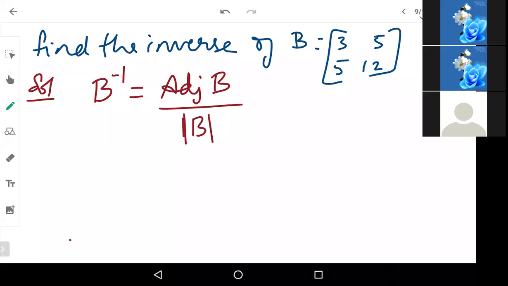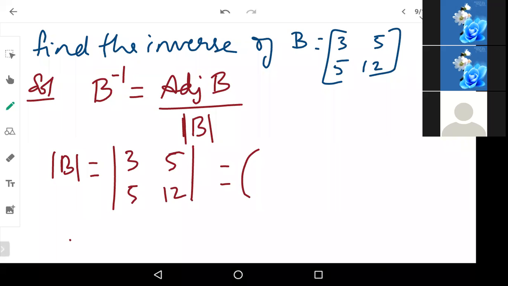Oh, very good. People are fast. So find the value of determinant of B. That is 3, 5, 5, 12. So that's nothing but 12 into 3 is 36 minus 5 5s are 25. That is 11.